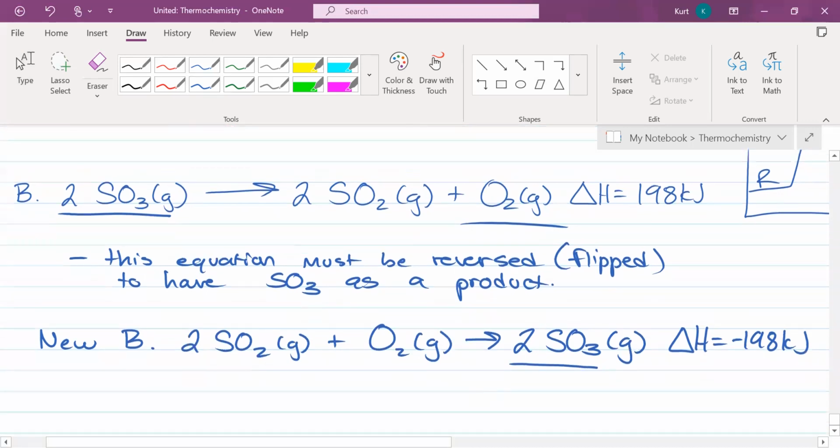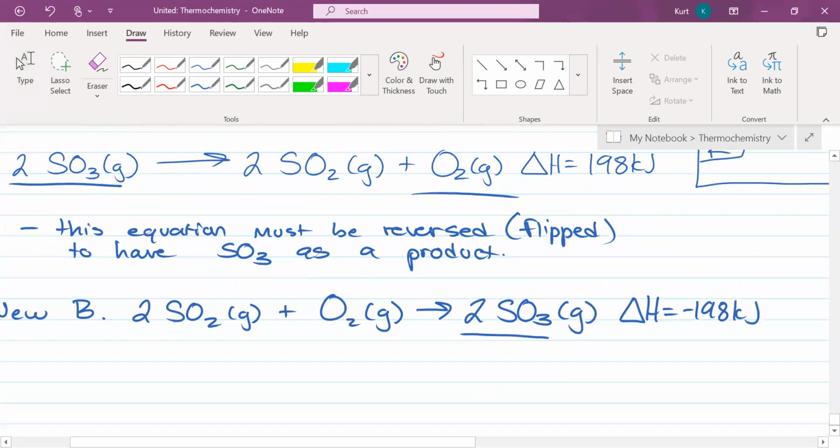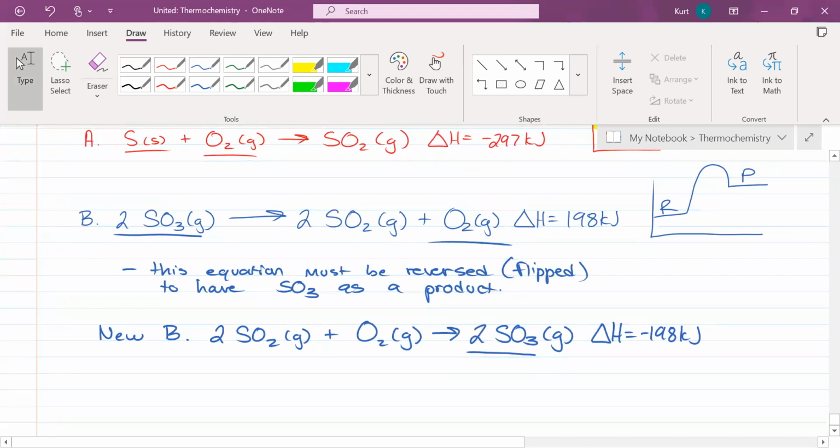Well, what I want us to do is I want us to combine A and B. And I want you to notice something that we're going to have to do. So here's how I'm going to try to introduce this to you. We're going to combine A and B. Okay? But then we're going to have to go back and do something to A. And you might have an idea of what that's going to be.